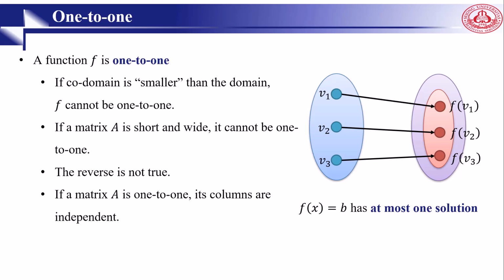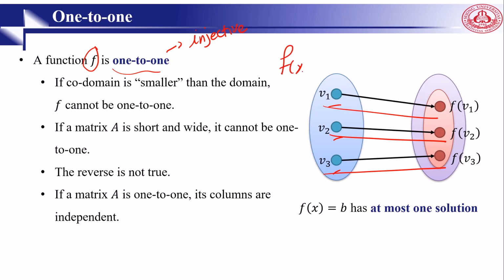A function f is considered to be one-to-one, or they also call that injective, if for every distinct pair in the domain, there exists a unique corresponding element here. So 1 by 1, corresponding 1 by 1, not 2, 2, right? In other words, we can say f(x1) equals f(x2) implies x1 equals x2.